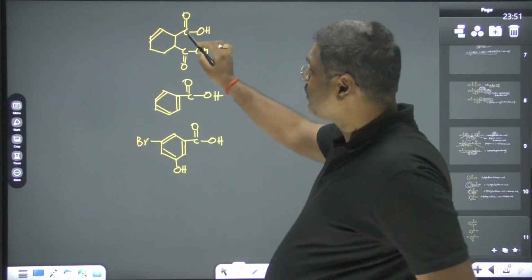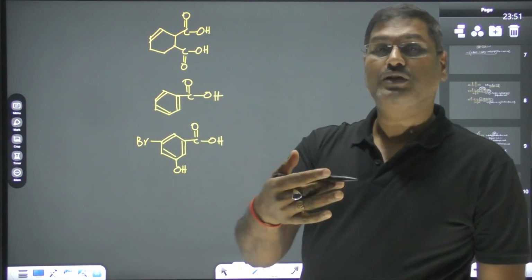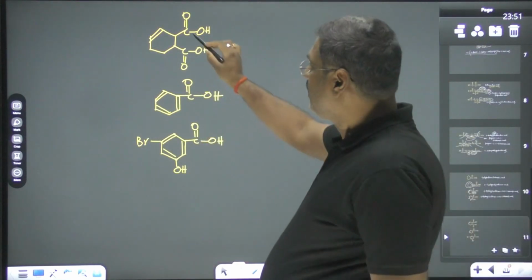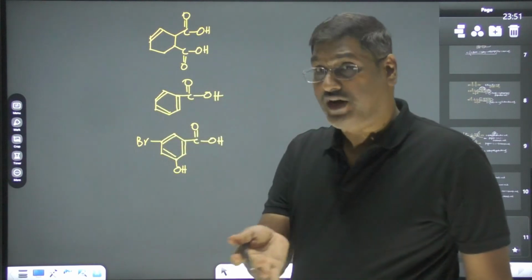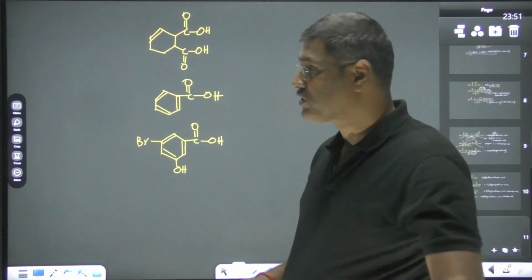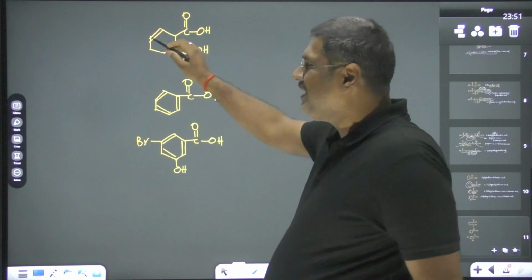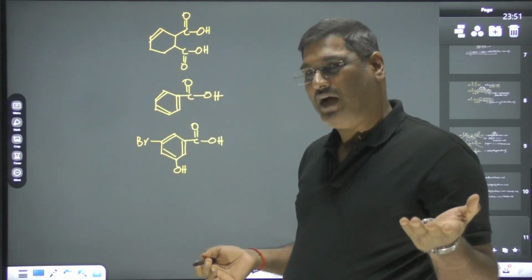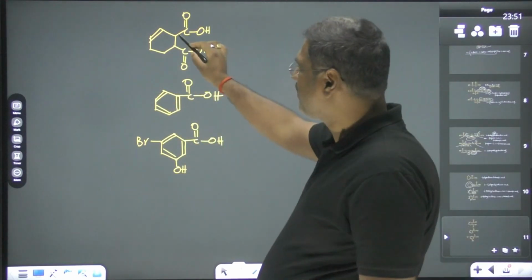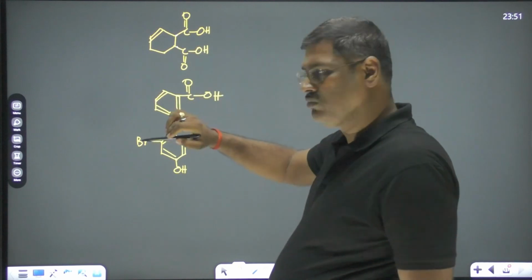Then again you may start counting. This is the law of inertia: 1, 2, 3 in flow. You start numbering like this, but it is highly mistake prone. Why would the double bond unnecessarily be given the higher locant? If we start numbering here, this is 1, this one 2.